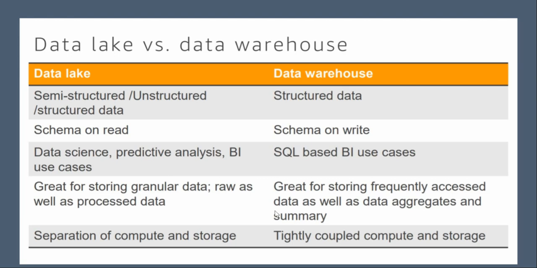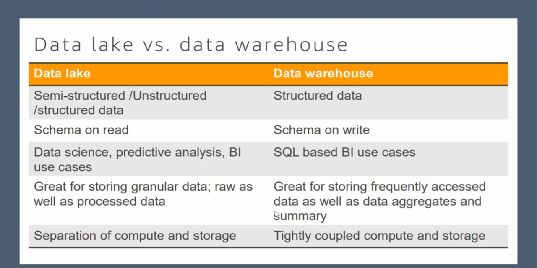In the data warehouse, for example in data warehouses such as Redshift, this is tightly coupled, and you have these clusters built on the data warehouse, and all these nodes have different hardware, and on those you store the data. So storage and compute, or the processing power, are on the same machine, and it's not decoupled in the data warehouse.